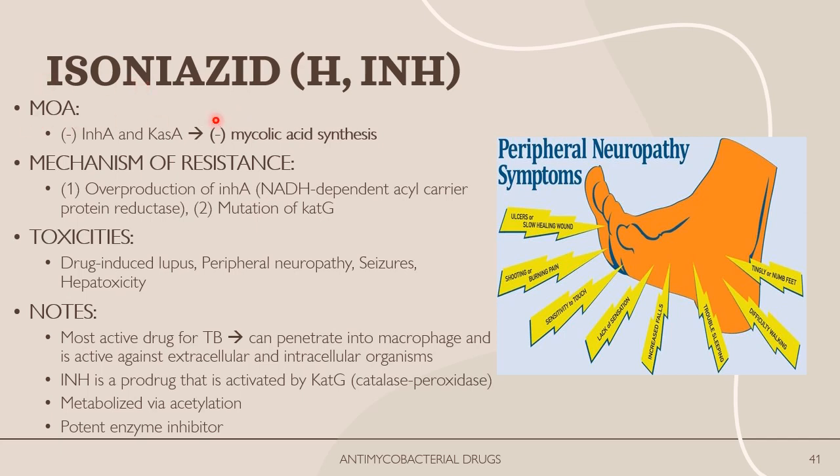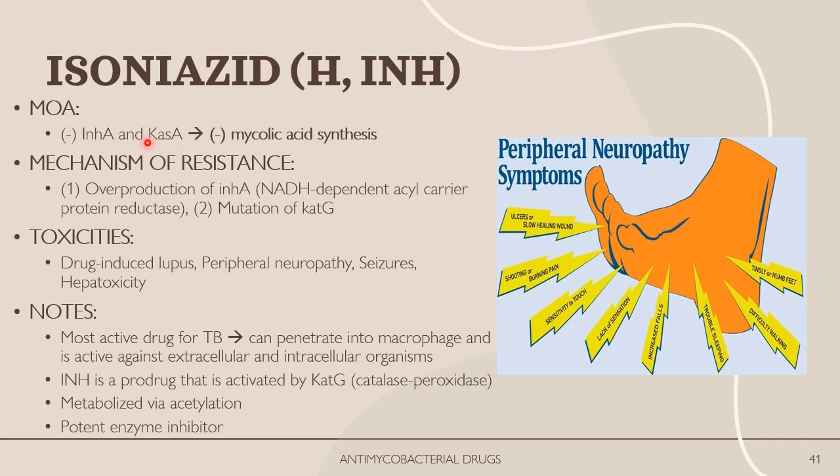Yung isoniazid natin is a prodrug. It needs an enzyme in order to become the active drug moiety. Okay? It needs your CatG. It is a catalase peroxidase enzyme. And the active drug inhibits the INHA and your KasA.